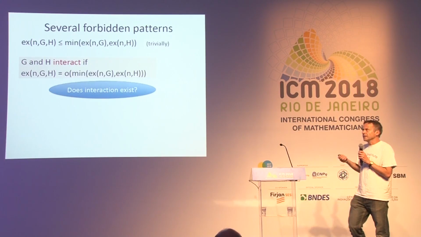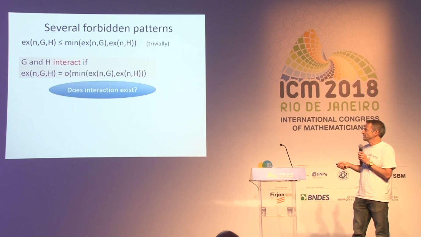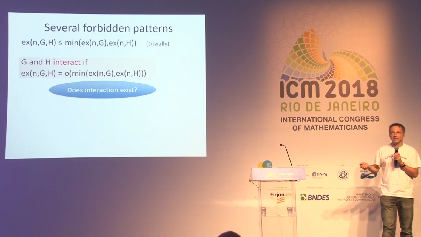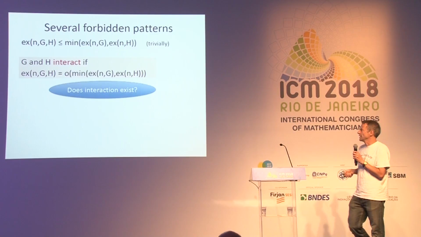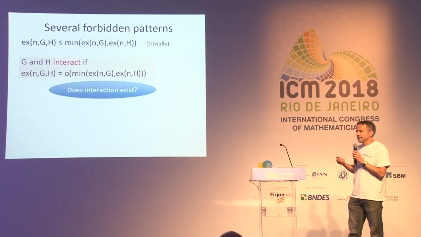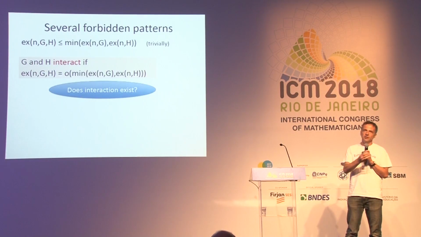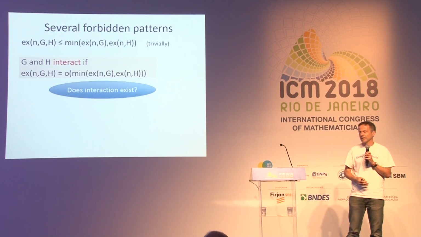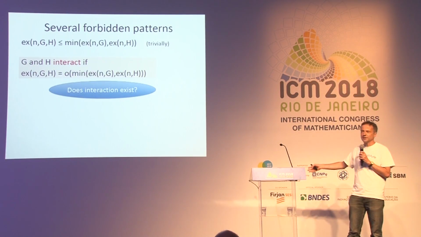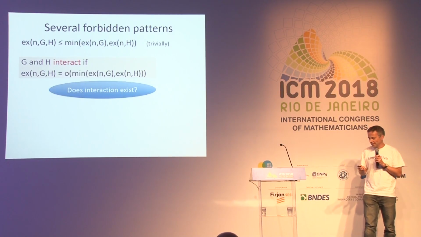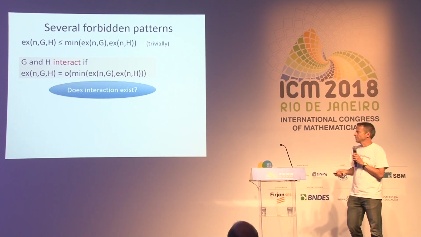And something interesting is happening if the extremal function by forbidding both of them is little o of that. It's not just a constant times smaller, but really smaller. And that's a meaningful interaction between the 2 graphs. That means that you can avoid G with a particular graph with many edges, also H with another graph with many edges. But if you want to avoid both of them, then you will have substantially fewer edges.